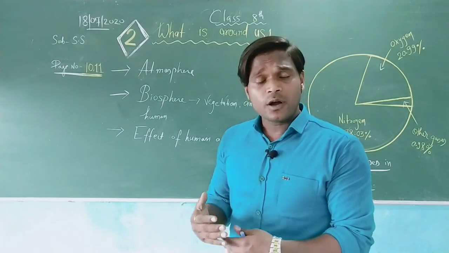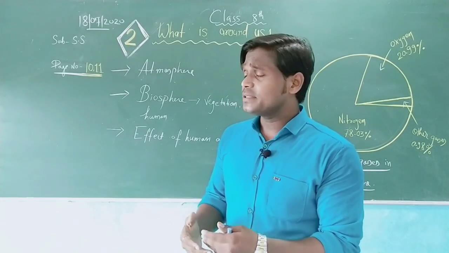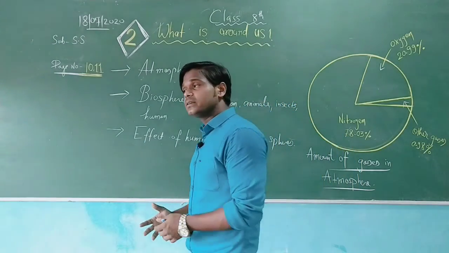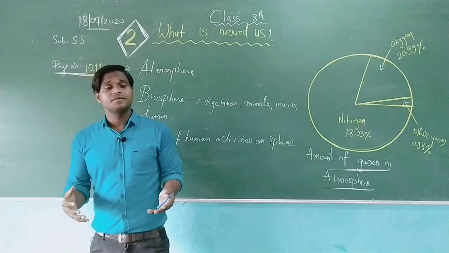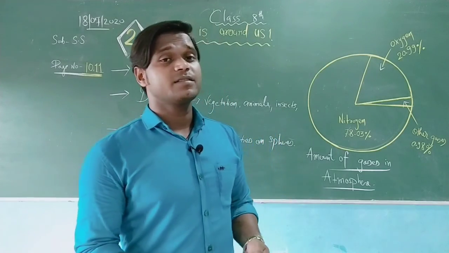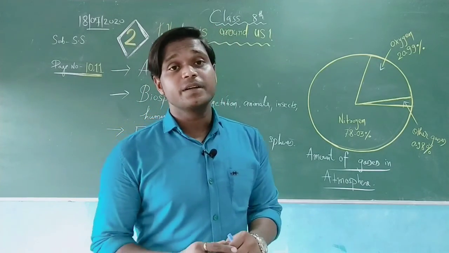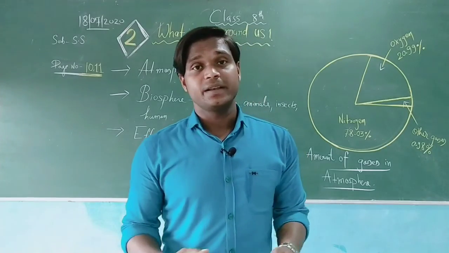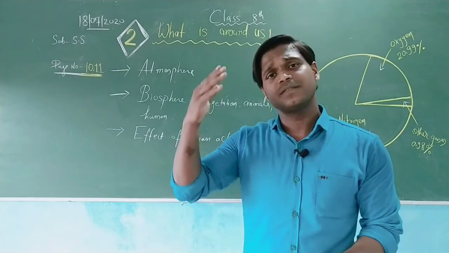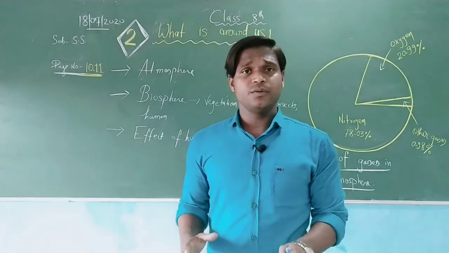I also discussed how nicely all the spheres relate with each other. They all support each other, and therefore we moved on to the biosphere, which comprises almost all the spheres. Then the atmosphere, a 1600 kilometer wide span extending from the surface upwards towards the sky. That is the general theory I made you understand.